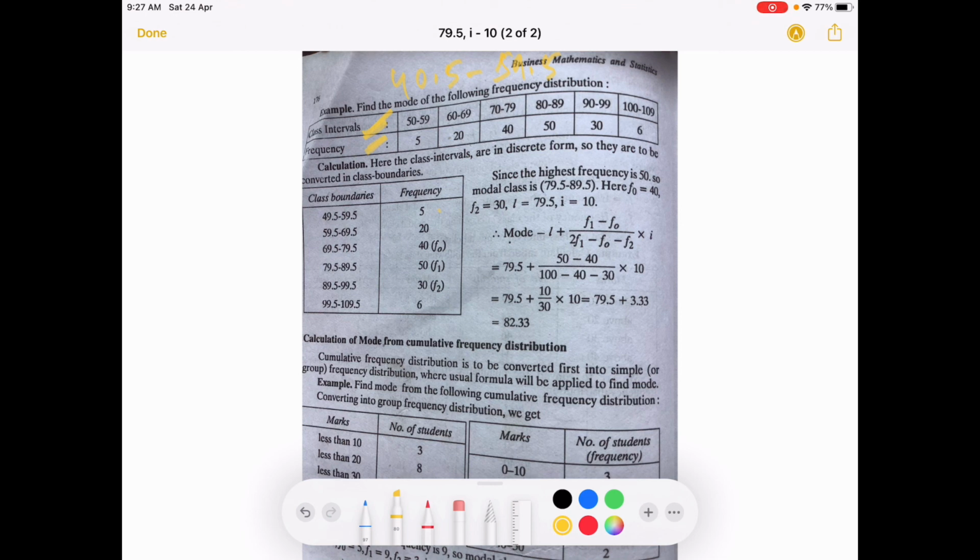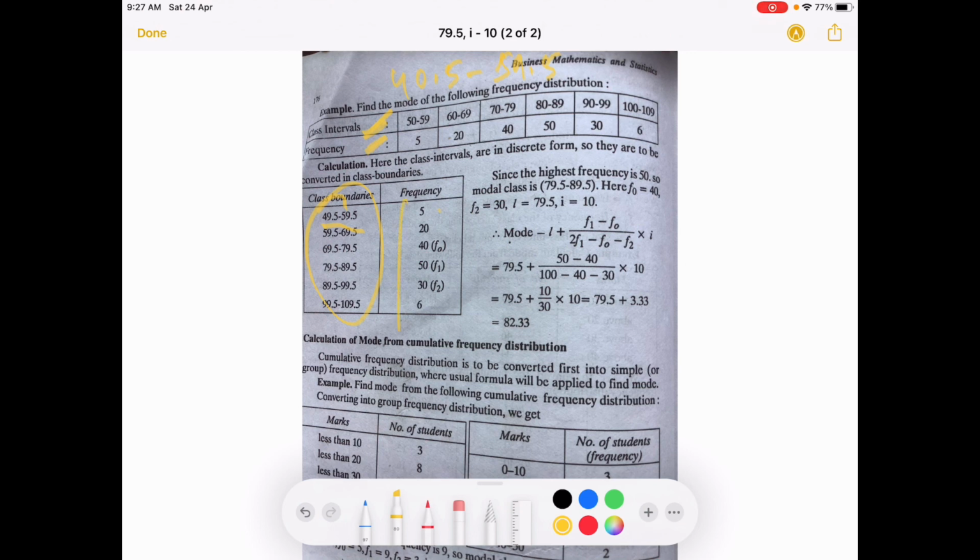Changing like this is converting into a continuous frequency distribution. See, 49.5 to 59.5, then starting from 59.5 to 69.5, 69.5. So this is now a continuous series.